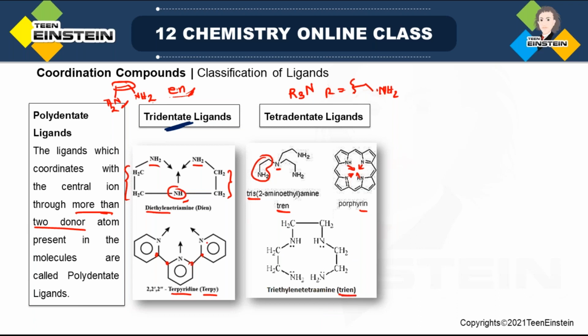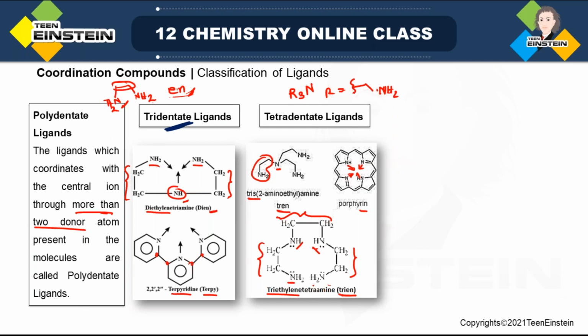Then another example is trien. This is actually the extended version of dien. When it is dien, you have a total of 3 nitrogens and 2 ethylene parts, but now it is triethylene. Triethylene means CH2, CH2 is coming thrice. When it comes thrice, at the joining points there will be 2 NH, and at the terminal positions there will be 2 NH2.